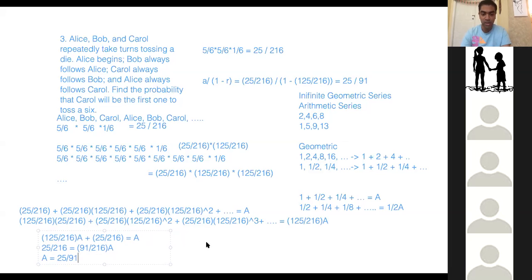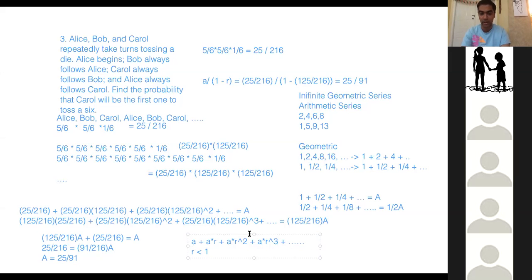To make it a little bit easier, there's a formula that says: when a is the first term, a times r plus a times r squared plus a times r cubed, plus so on up to infinity, assuming that r is less than 1, we already saw that if r is greater than 1, it becomes like 1, 2, 4, 8. Everything just grows larger and larger.